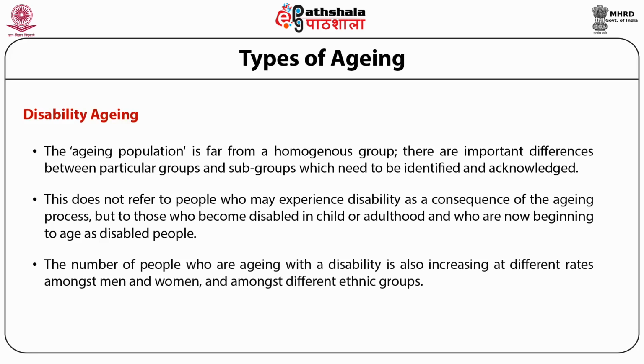The number of people who are aging with a disability is also increasing at different rates amongst men and women and amongst different ethnic groups. Although the prevalence of some physical impairments is higher amongst males, many of the largest subgroups of older disabled people contain more women than men.